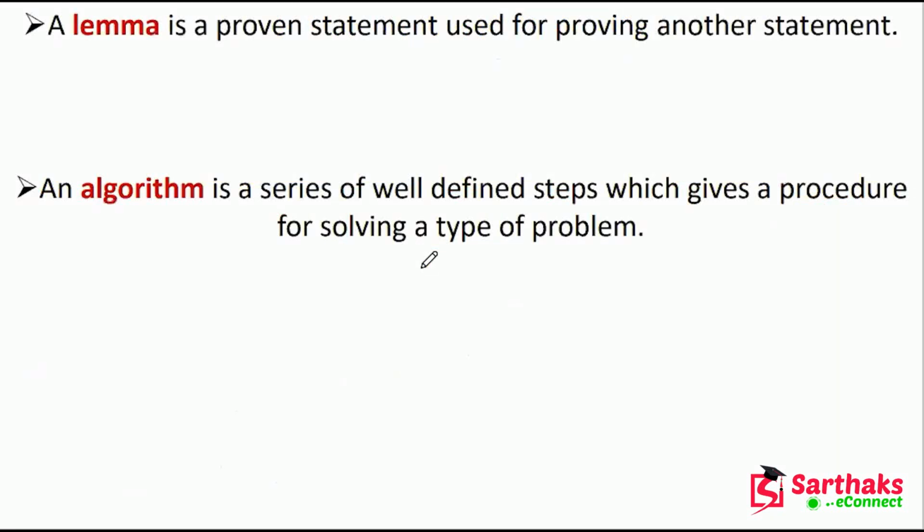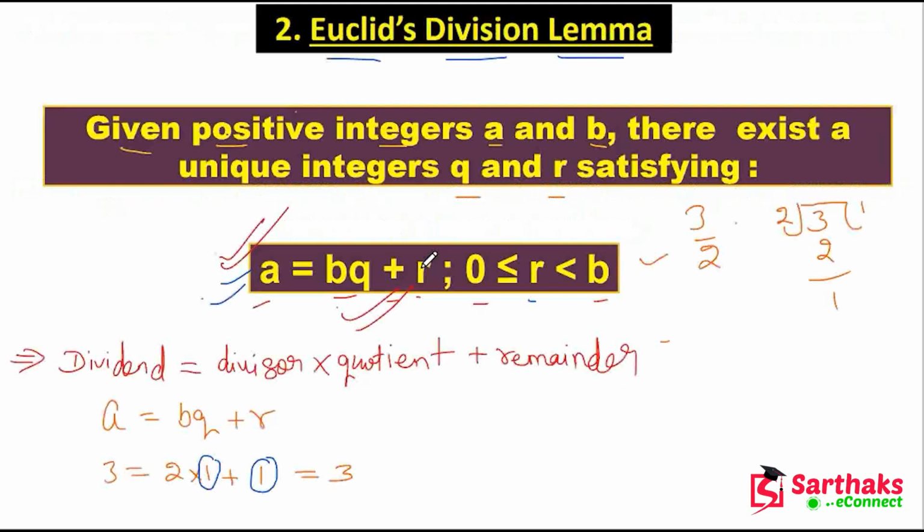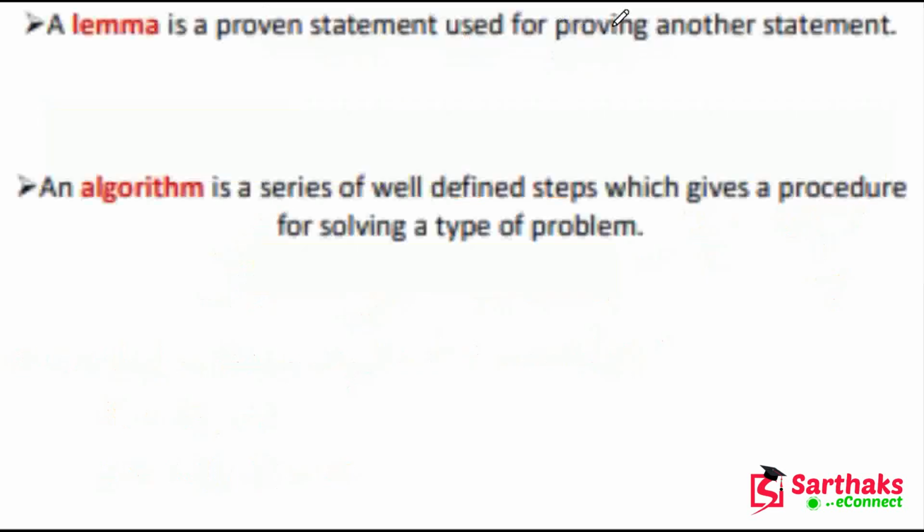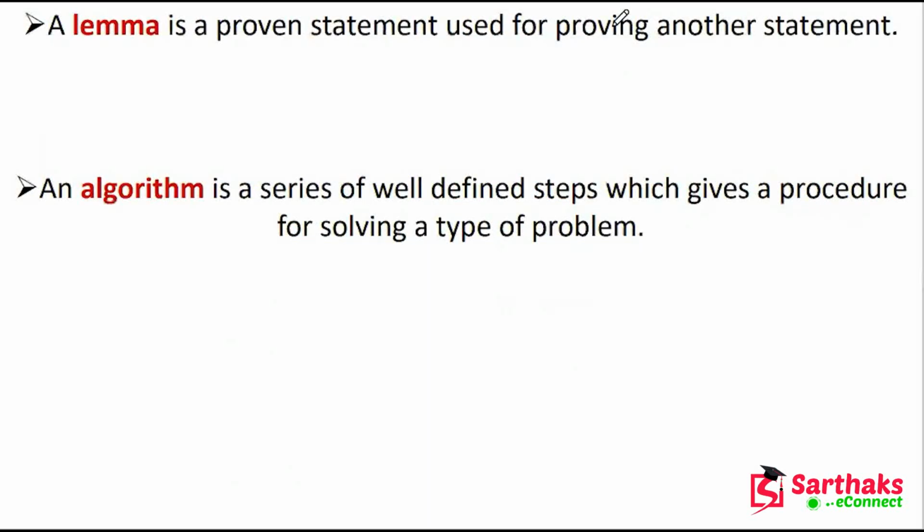Now we are talking about the lemma and algorithm. Euclid's division algorithm also comes in the next slides. So what is the difference between lemma and algorithm? We are talking about this lemma. A lemma is a proven statement used for proving another statement.